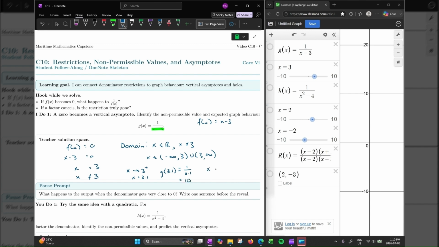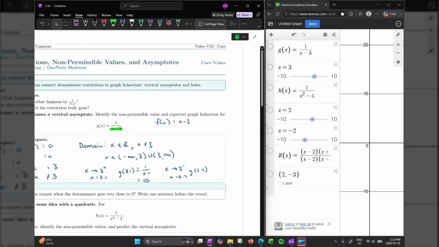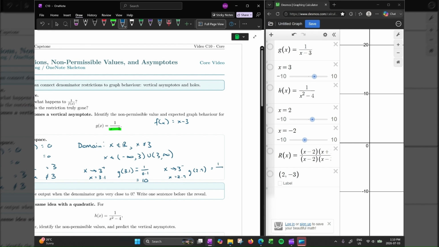Or what if x approaches 3 from the left, like 2.9? g of 2.9 is 1 over 2.9 minus 3, which is 1 over negative 0.1, which is negative 10. From the right, we're getting pretty big, and from the left, pretty small. But let's look at a graph.